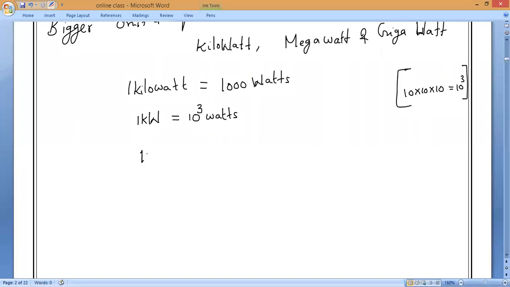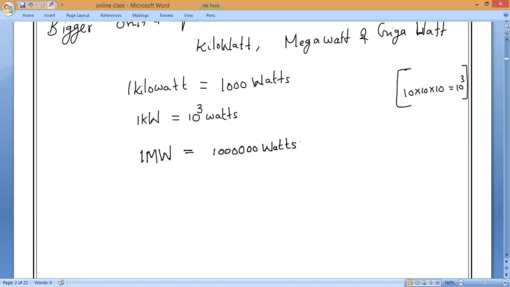Next, 1 megawatt. Megawatt, both capital letters. Notation is very important, even in class 10th. Kilowatt, small k, capital W. Megawatt, both are capital. 1 megawatt is equal to 10 lakh, that is 10 lakh watts.